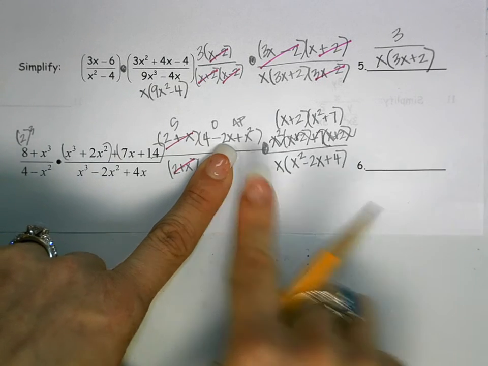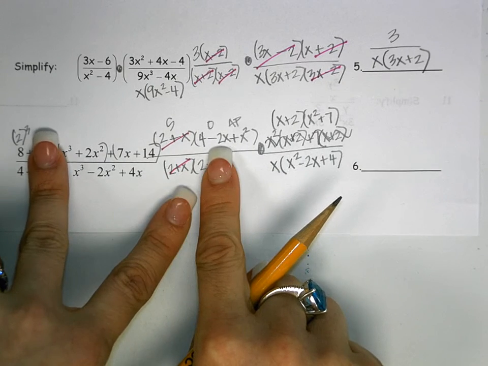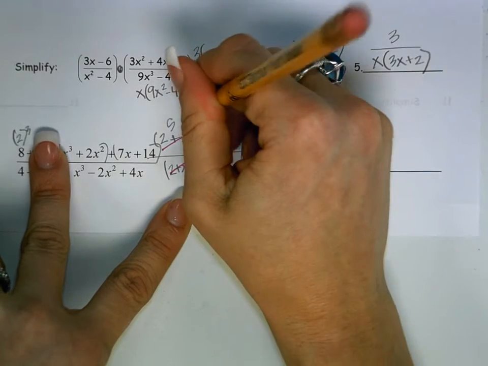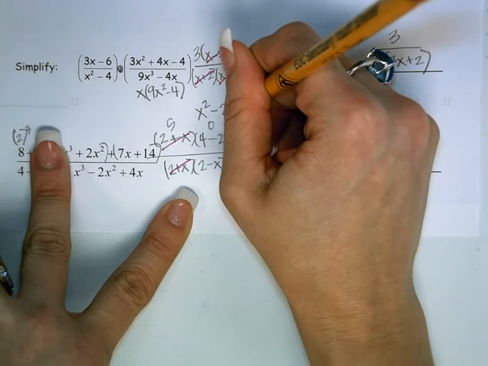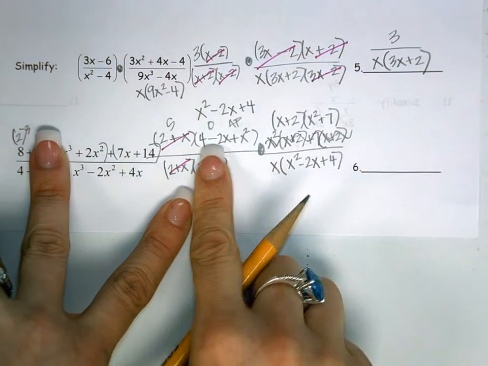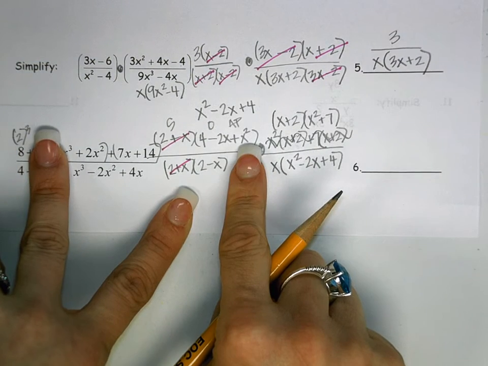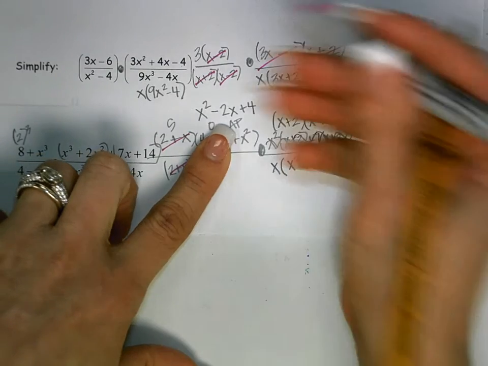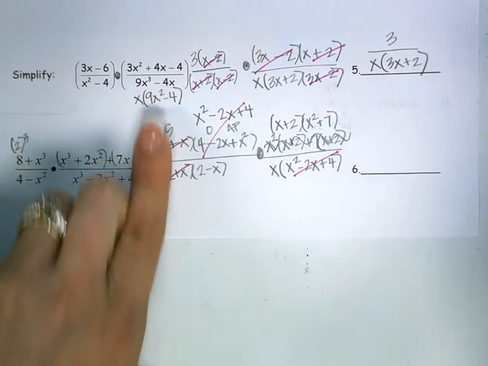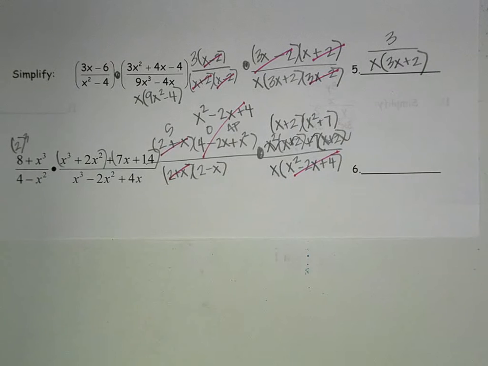If I rewrote this in decreasing order, the x squared is still positive, minus 2x, and the 4 is still positive. That's written the same way, right? That's the same thing. Now, can you see that these would reduce each other away? Can anything else reduce?